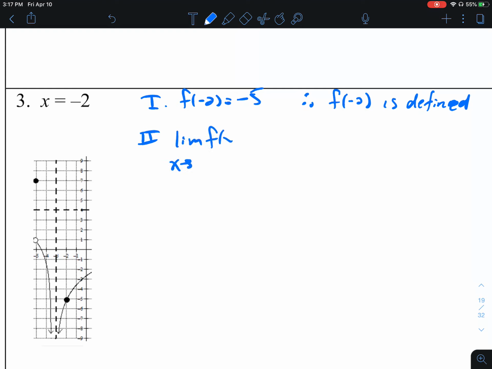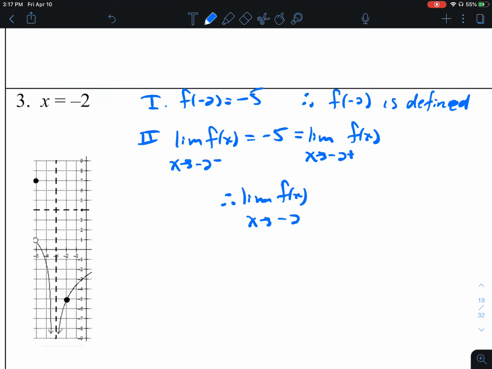The limit of f of x as x approaches -2 from the left is equal to -5. And that's also equal to the limit of f of x as x approaches -2 from the right. If you approach from the right or the left, it's approaching the same number of -5. Therefore, the limit of f of x as x approaches -2 is -5, and it exists.